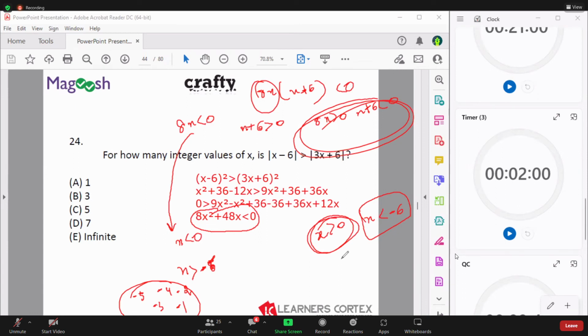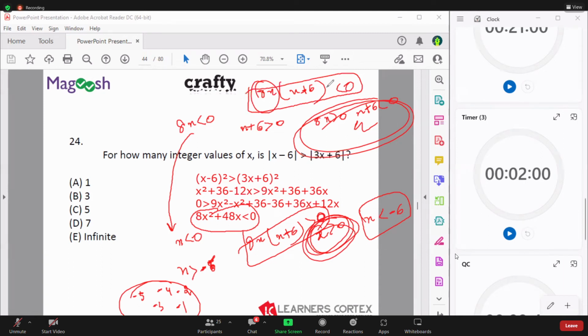In this particular possibility, 8x times x plus 6 will be more than 0, and this possibility cannot happen because the inequation is 8x times x plus 6 shall be less than 0.